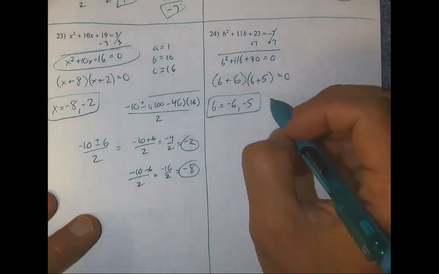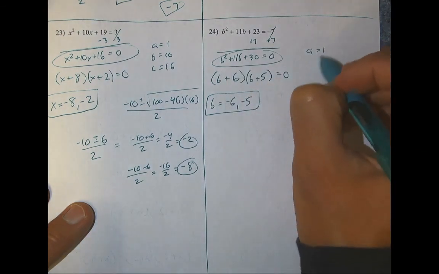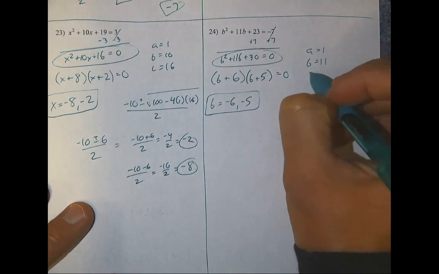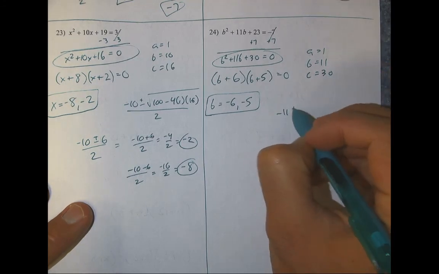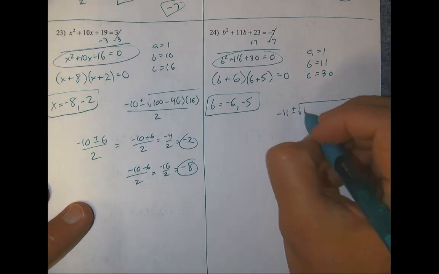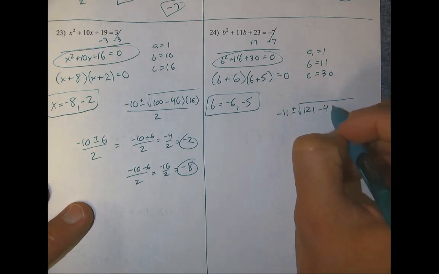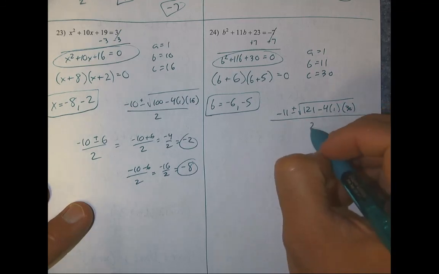And one more time with quadratic formula. Going back to here, a is 1, b is 11, and c is 30. So negative b is negative 11 plus or minus b squared, 11 squared, is 121, minus 4 times 1 times 30, over 2 times 1, which is 2.